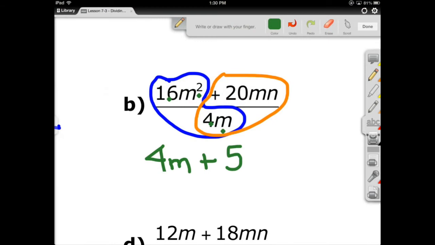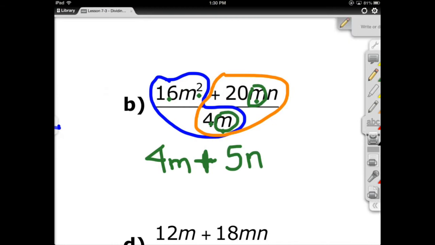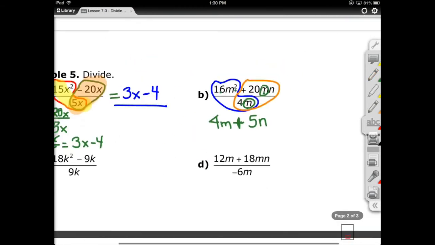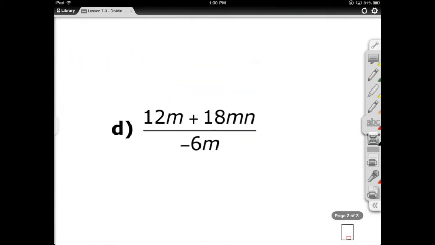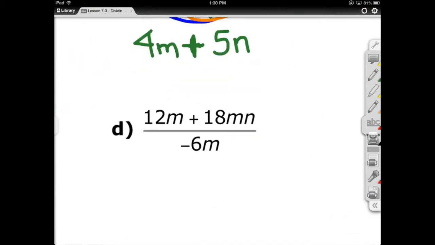The answer on top is a positive value, so that's why this is a positive sign. The m's here will cancel and become 1, and you're just left with an n. So it's a very quick technique. It works out really, really well. And once you get going with this technique, I guess I'll just do D just because of space restrictions. You can really pick up a bit of steam.